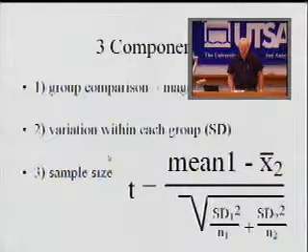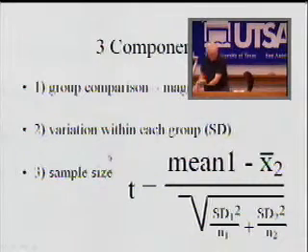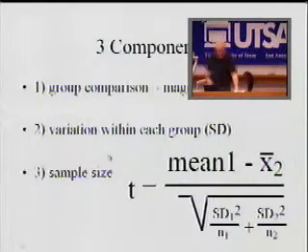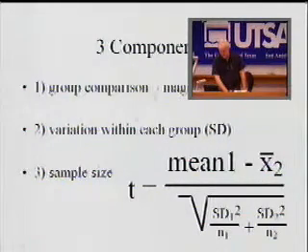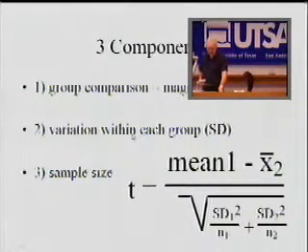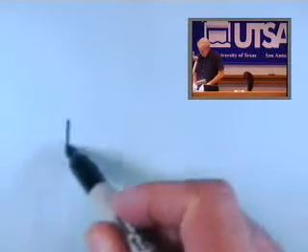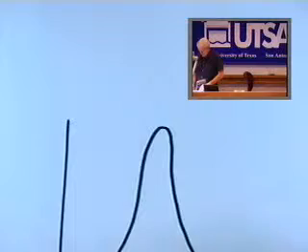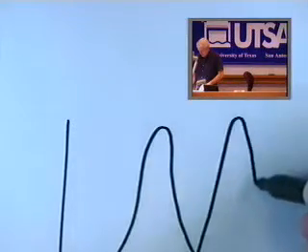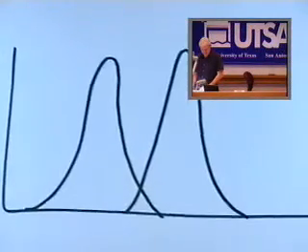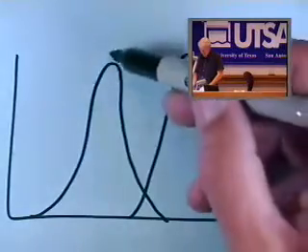So let's go back to our document camera and consider these first two, the magnitude of the difference and the variation within the means. And we go back to our illustration of a bell-shaped curve. If we have two groups of data, trying to keep these so that they're not skewed.